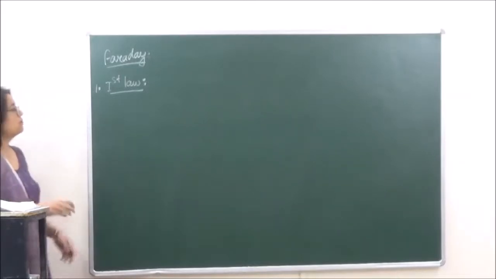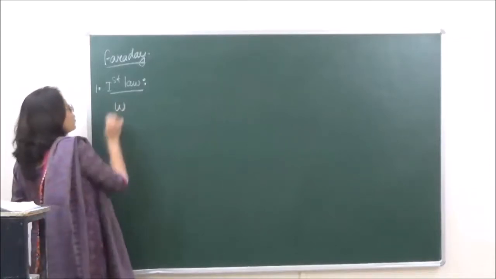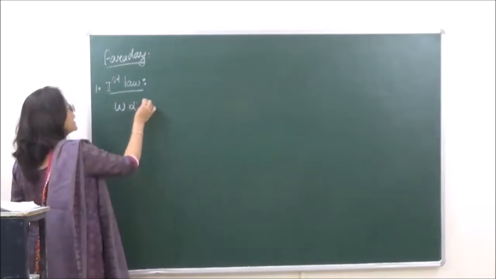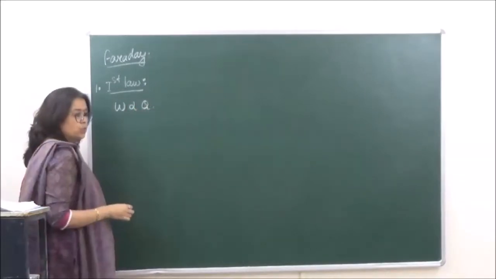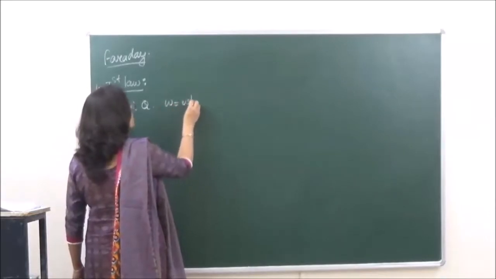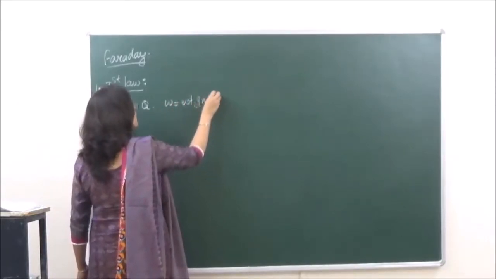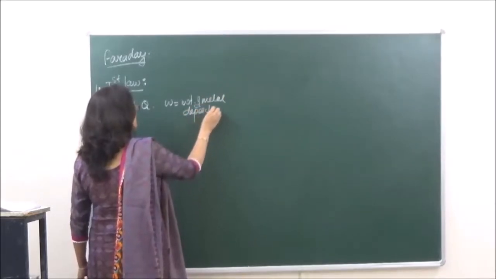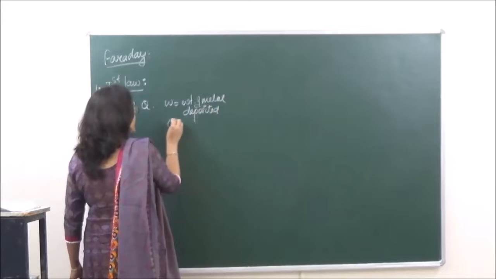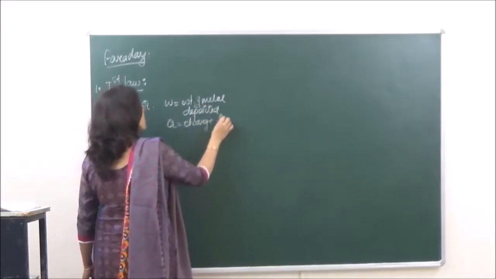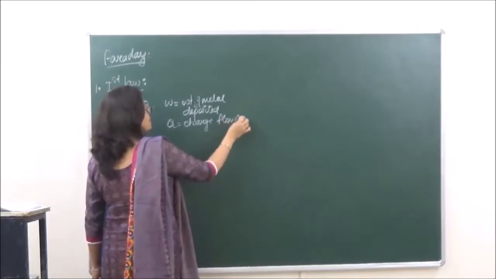According to the first law of Faraday, the weight of the substance deposited at the electrodes is directly proportional to Q, where W is equal to the weight of metal deposited and Q is equal to the charge flowing through the cell.